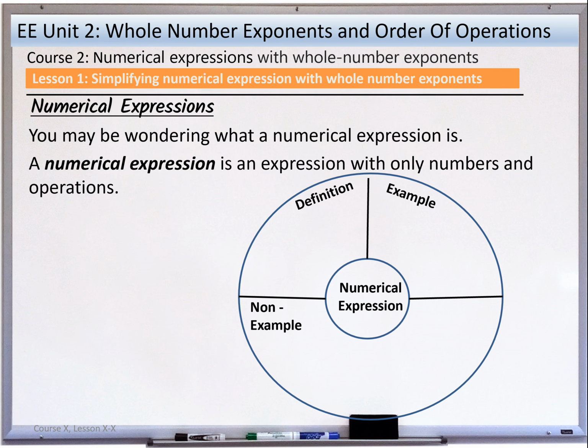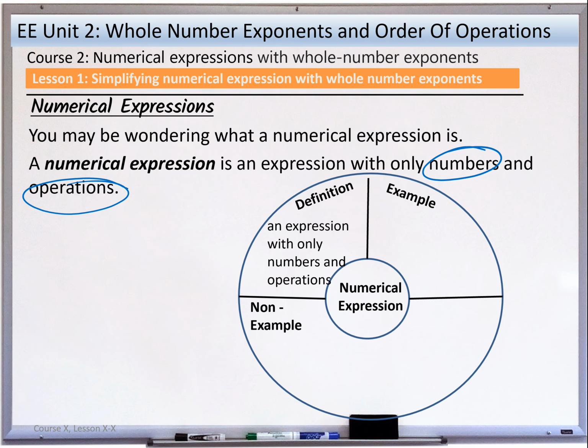So we've mentioned numerical expressions, but what are numerical expressions? Well, a numerical expression is an expression with only numbers, the numerical part, and operations. So fill this in. Our definition is an expression with only numbers and operations. And examples are 3 squared plus 26, 5 times 6.